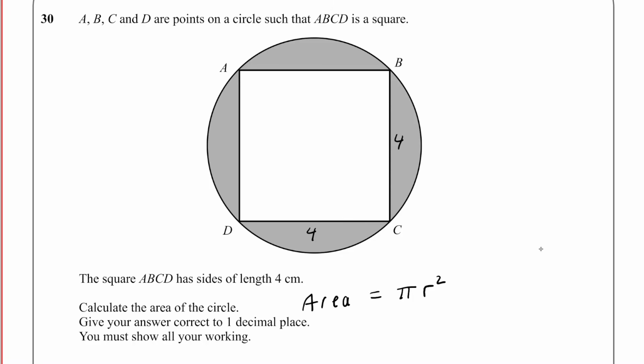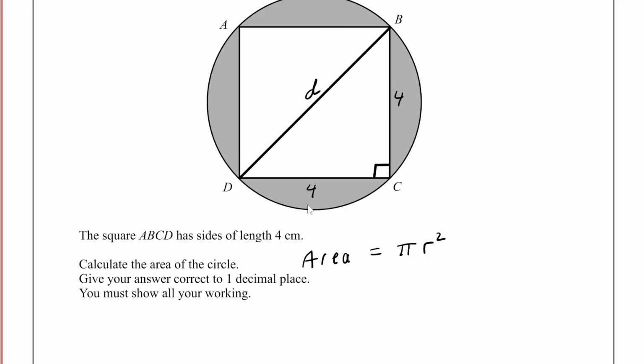We need to know the radius. And we can do that because a square can be split in half and changed into a right-angled triangle. And we can use Pythagoras to find the diameter of the circle.